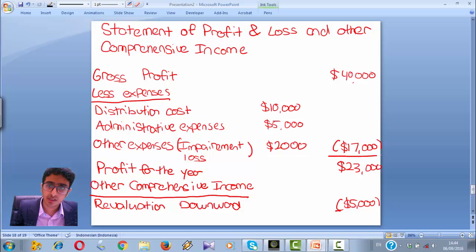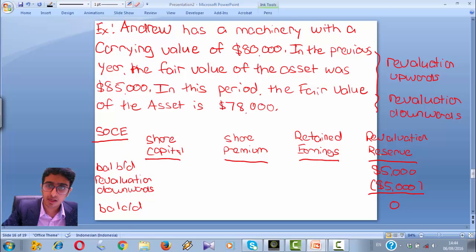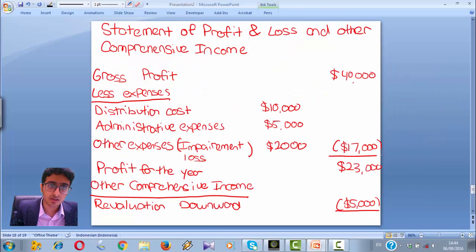Why do I only take $5,000, not $7,000? Because the other $2,000 I already expensed it off in the profit and loss. Now, the remaining $5,000, which I removed from my statement of changes in equity, I will expense it off in the other comprehensive income. That means now my remaining profit is only $18,000.